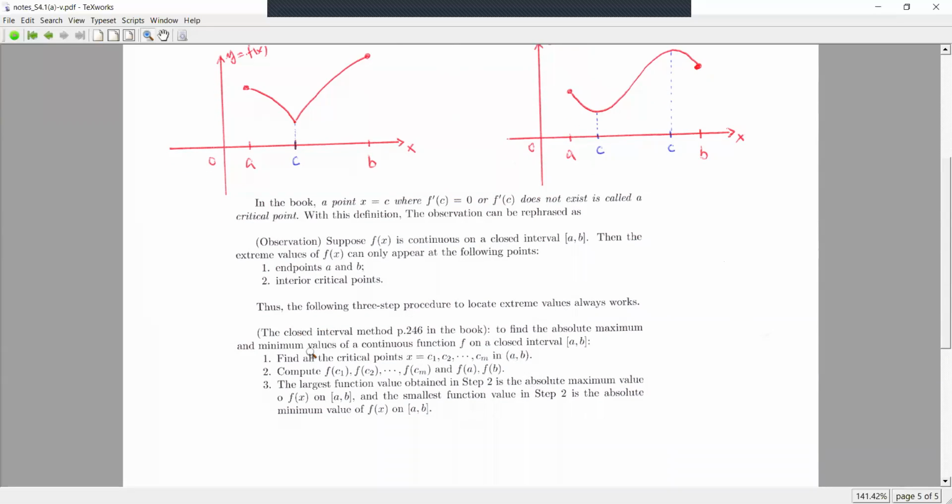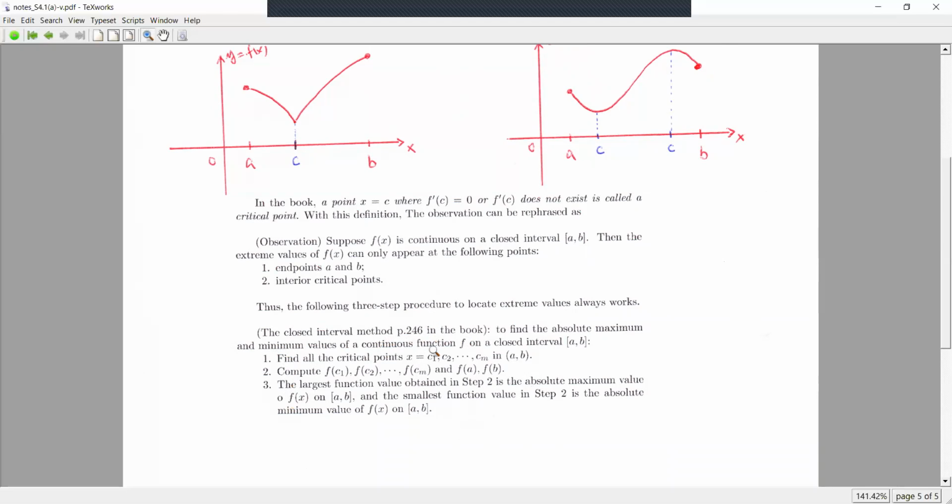You can find these 3 steps in the book on this page. We give a name to these 3 steps: we call them the closed interval method to find extreme function values.